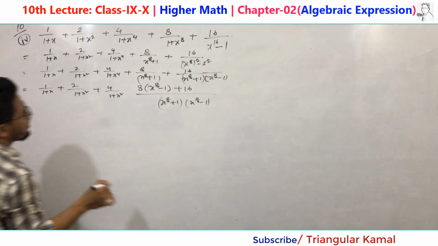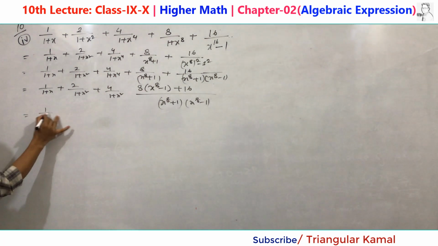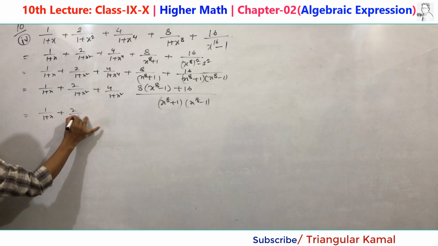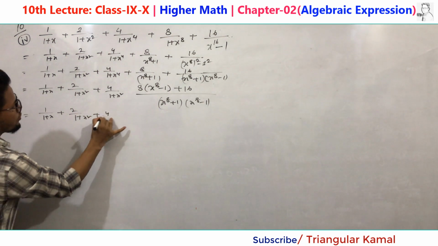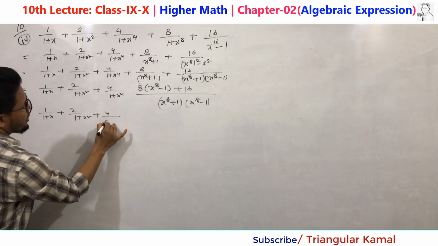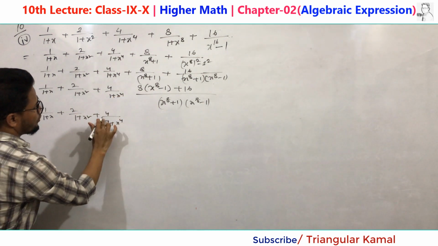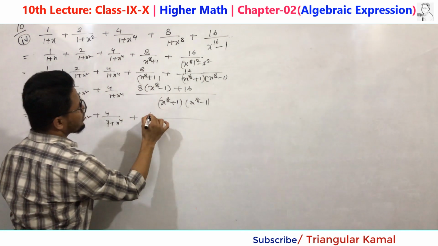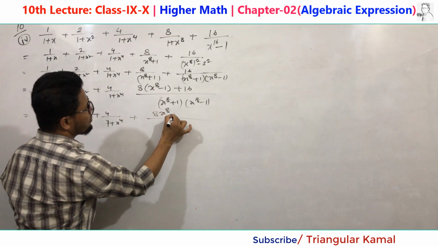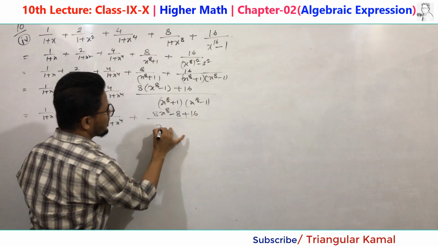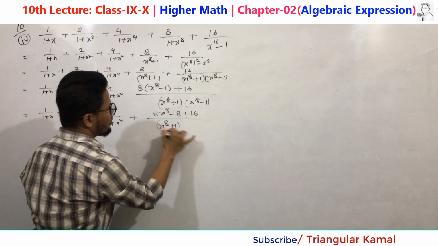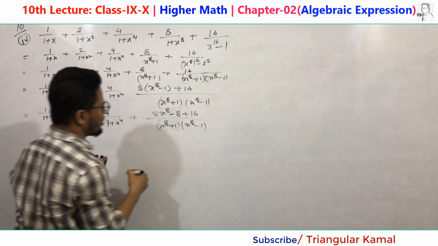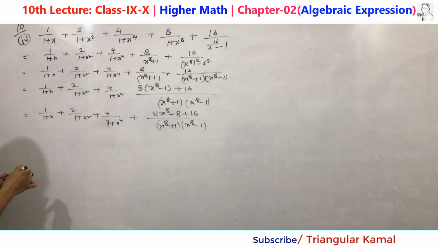So now 1 by 1 plus x plus 2 by 1 plus x square plus 4 by 1 plus x to the power 4, and here if we do the calculation, 8x to the power 8 minus 8 plus 16 divided by x to the power 8 plus 1 into x to the power 8 minus 1. So now do the calculation.